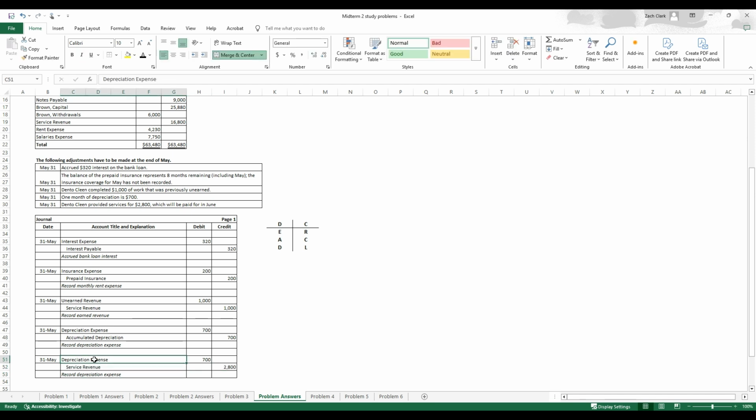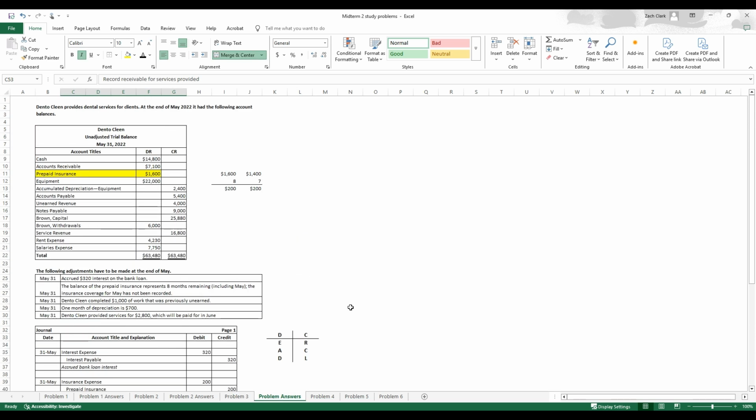But again, remember, if we have amounts that we earned that we haven't yet received, that's going to be reflected with an accounts receivable asset increase. And we'll say record receivable for services provided. Nothing special about the explanation there, just putting our explanations in.